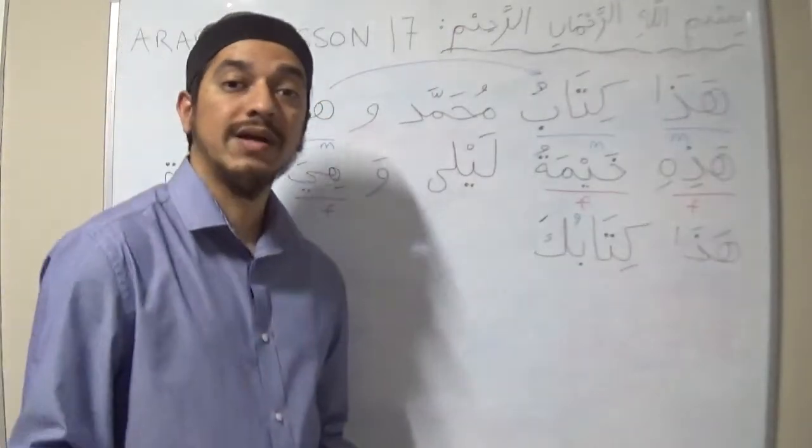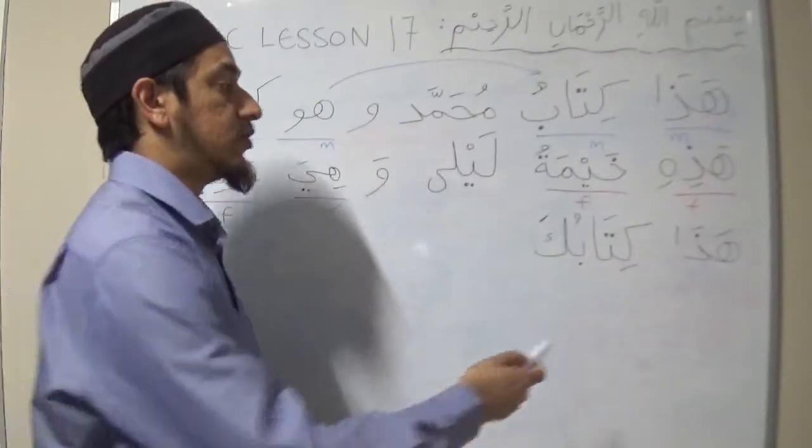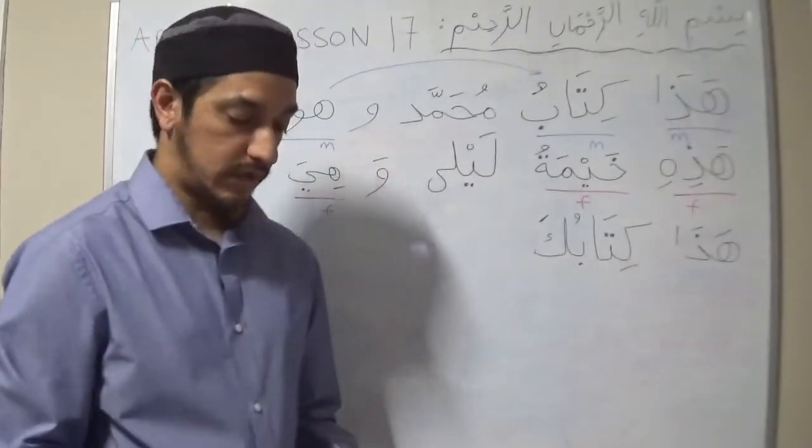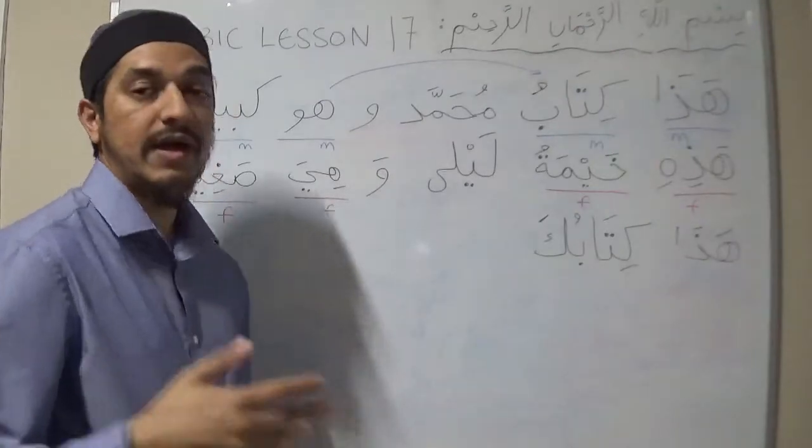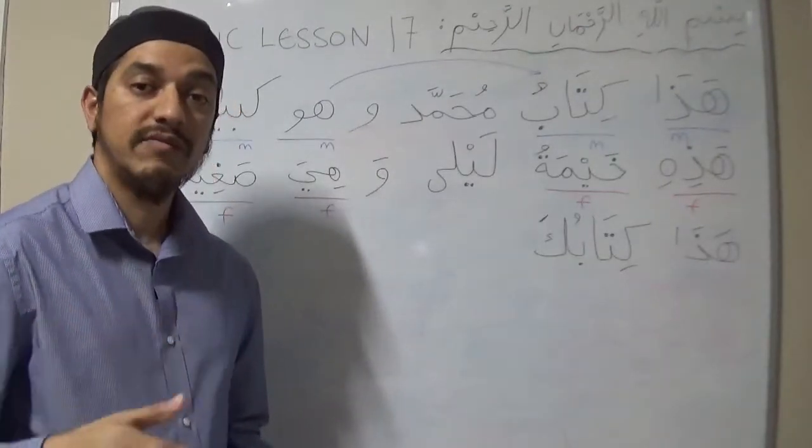You could say كتابك. This is your book if it was to a masculine person, a male gender. We would say هذا كتابك if it was for a female gender.